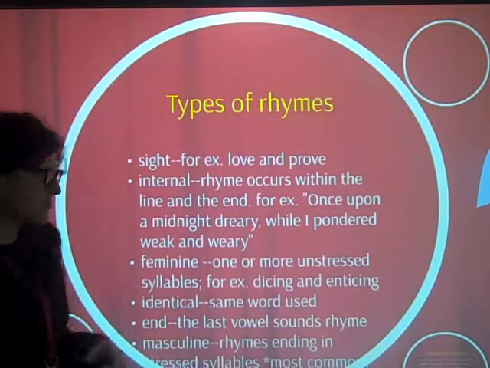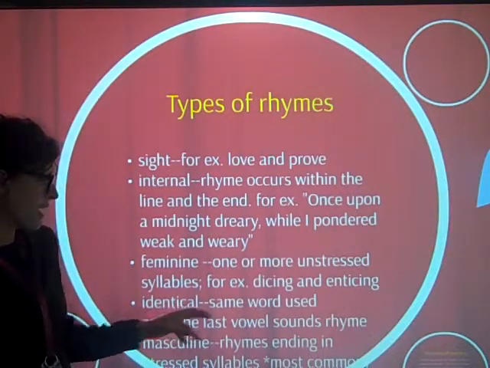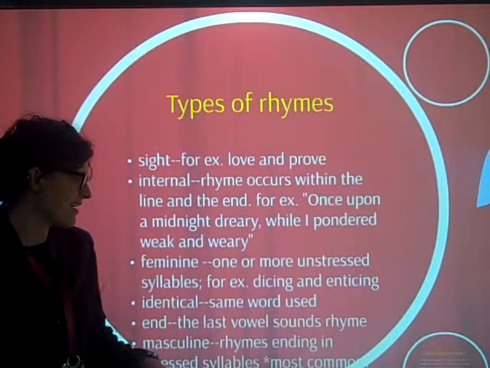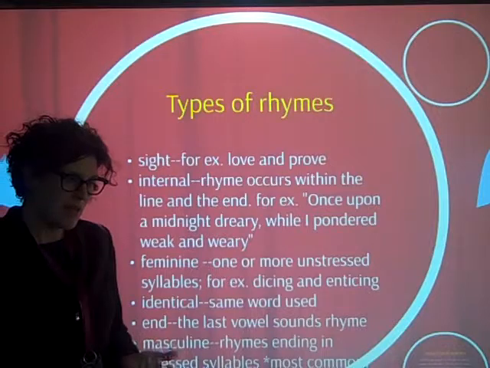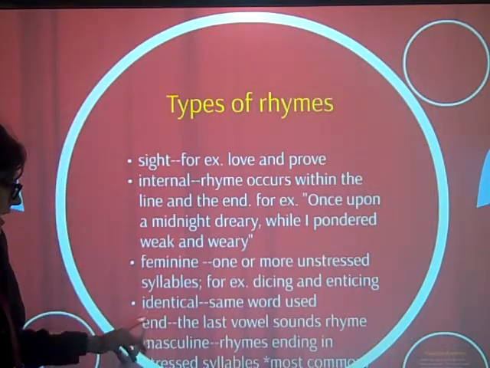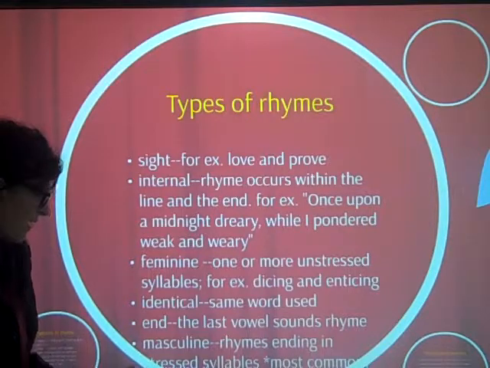Feminine rhyme involves one or more unstressed syllables at the end of a line of poetry rhyming, like dicing and enticing. Although technically we said rhyme is the last vowel sound, this occurs with more than one. Identical rhyme is when the exact words are used over again.